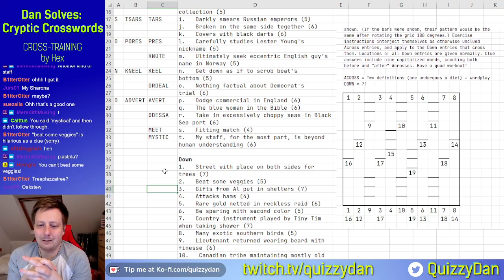Gifts from Al put in shelters. I want gifts to be presents, but it isn't. Exercise instructions interject themselves as otherwise unclues across entries, and then they apply to the down entries that cross them.